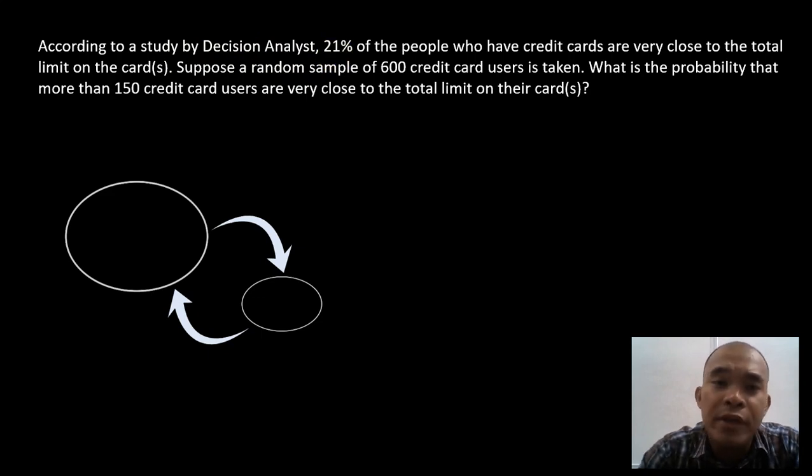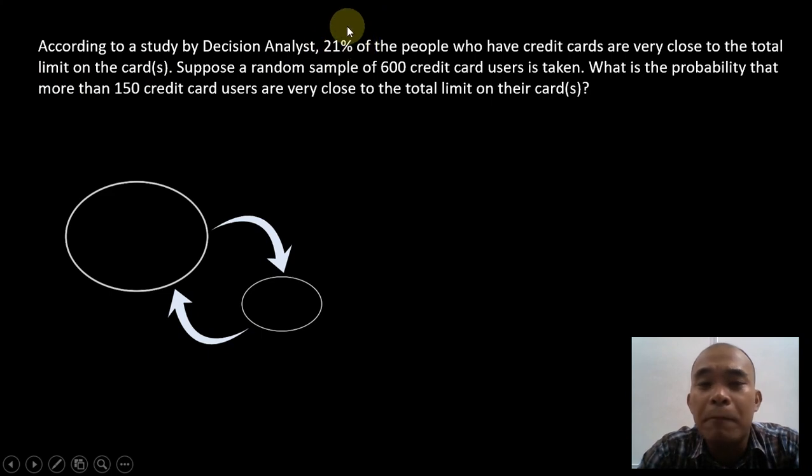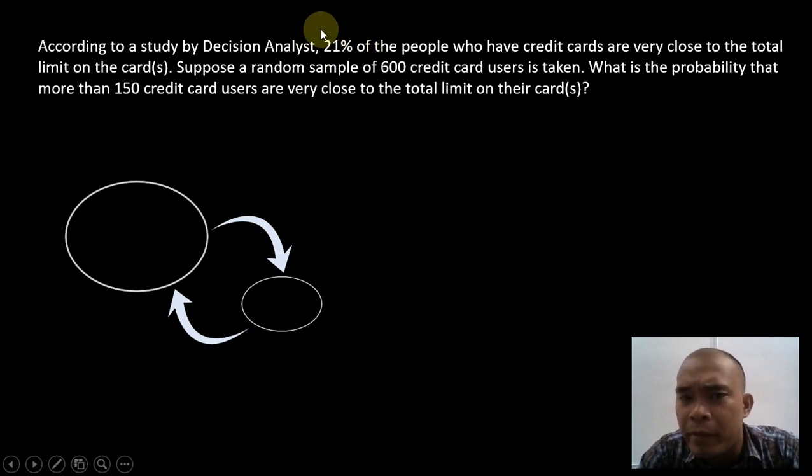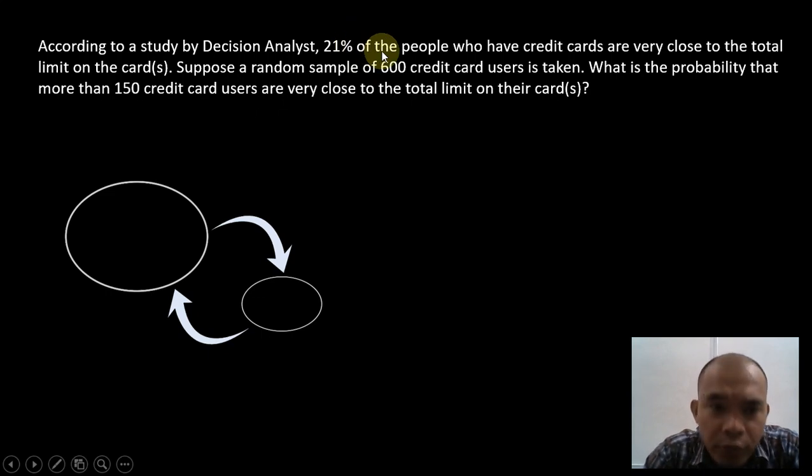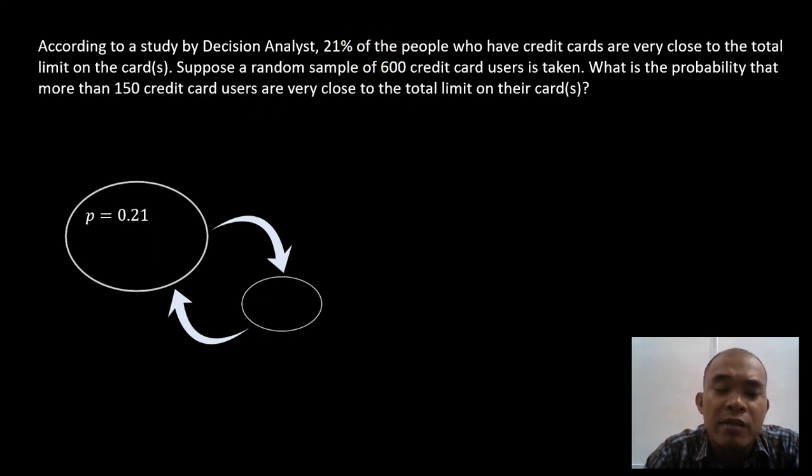So 21%, this is talking about the proportion. This problem here is talking about the proportion, so we already have a hint that this is not like the similar problems that we had in our previous video. This 21% here we call the population proportion. We have to convert that to decimal, so P is equal to 0.21.